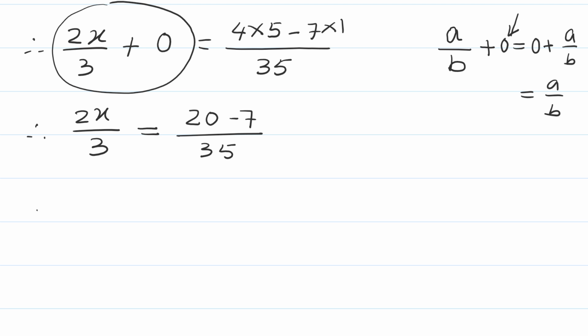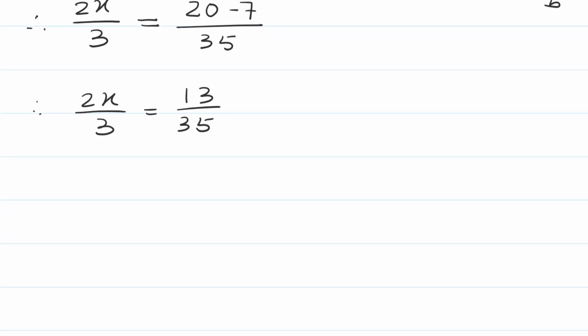Now the next step. 2x upon 3 is equal to 13 upon 35. Now we will use the multiplicative inverse. For every non-zero rational number a upon b, there exists a rational number b upon a such that a upon b into b upon a is equal to 1.